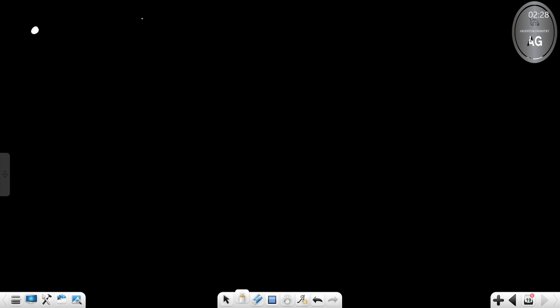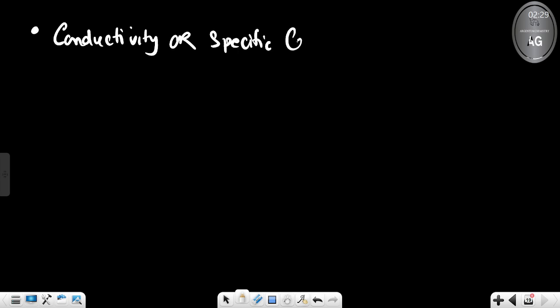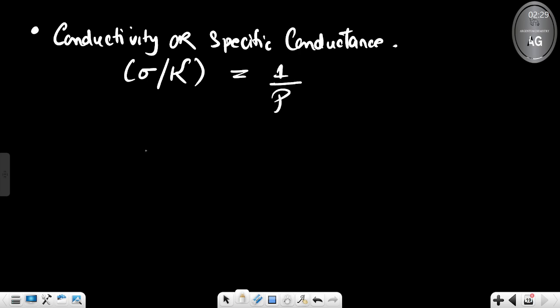If resistance has an inverse, then resistivity also must have an inverse. That will be called conductivity, or specific conductance, not specific resistance. This is represented by sigma or kappa. Generally we use kappa. What is the formula?